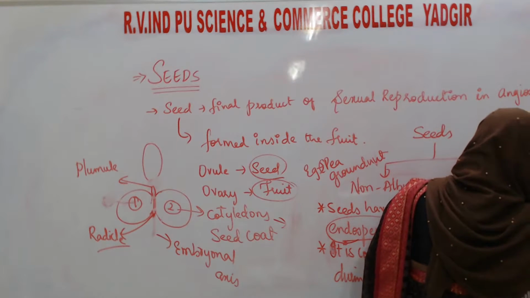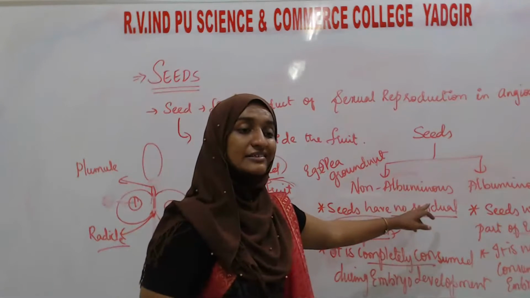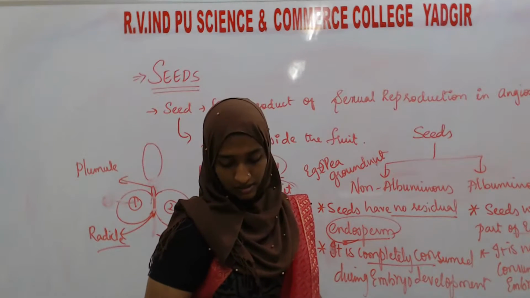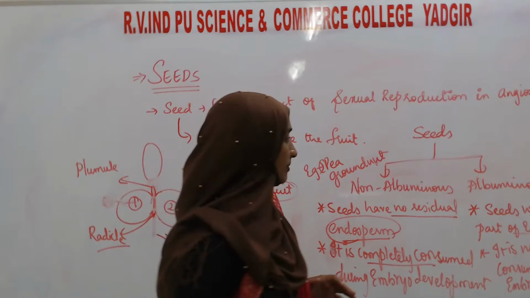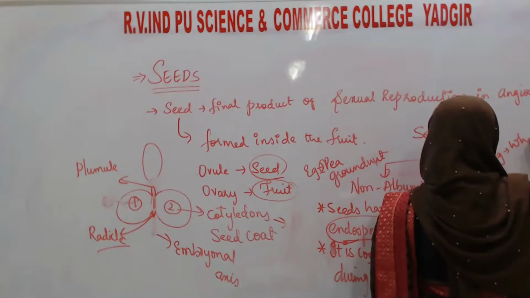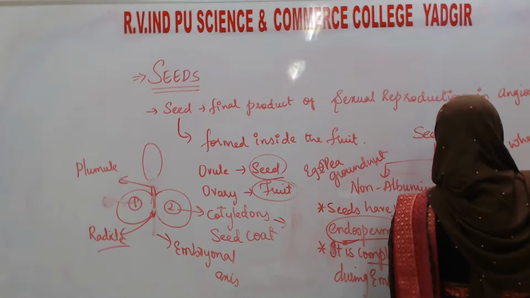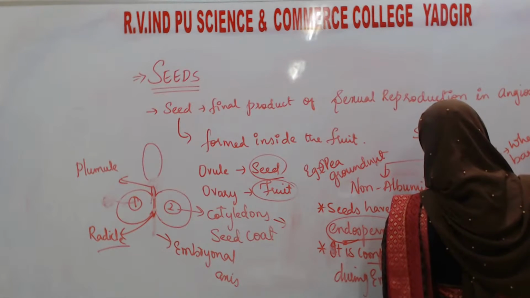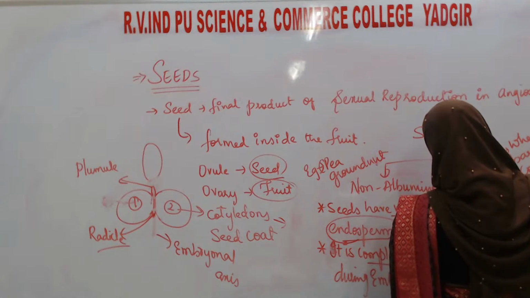Some part of the endosperm persists in these seeds, which are the albuminous seeds. Examples are wheat, maize, barley, castor, coconut, etc.